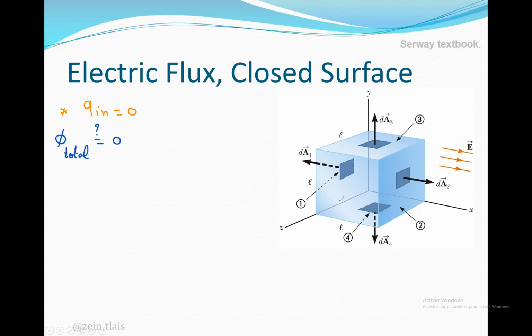We have 6 sides. Okay? To calculate the flux, we have to calculate flux total. This flux is equal to the flux through the area 1 plus flux through the area 2 and so on.